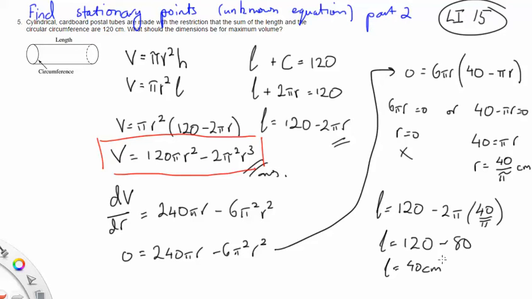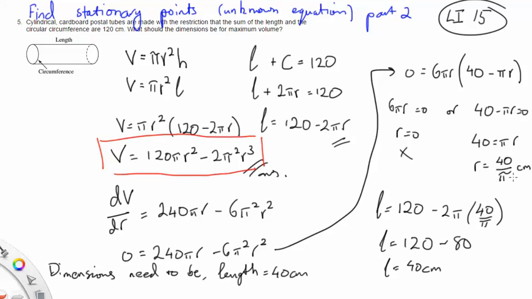Alright, so have we answered the question? Almost. We need to write a sentence somewhere. We know that the length will need to be 40 centimeters. We know that the radius is 40 on pi centimeters. So we'll say the dimensions need to be length equals 40 centimeters. And the question pointed out the length and circumference, so let's find it in terms of the circumference to answer the question more accurately.